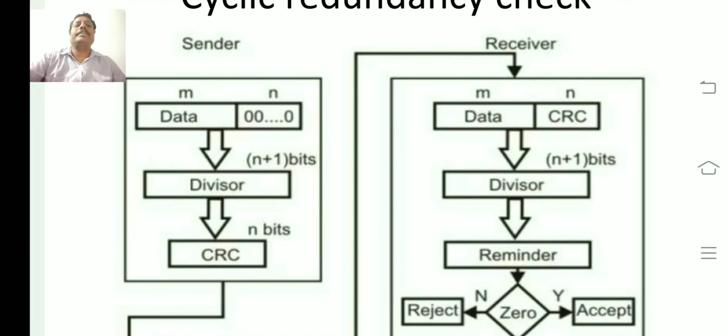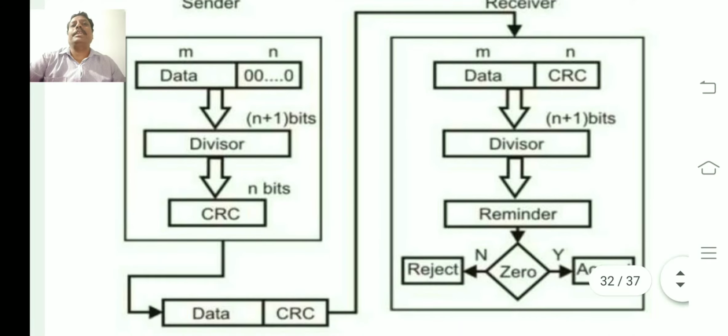At the receiver side, the data with CRC becomes the dividend, and the divisor is once again the same as at the sender side. We divide and finally get a remainder. If the remainder is 0, then there is no error. If the remainder is not 0, an error has occurred while the data traveled from source to destination.